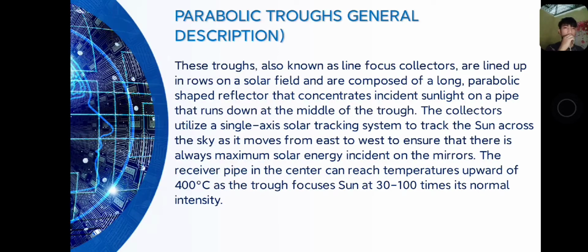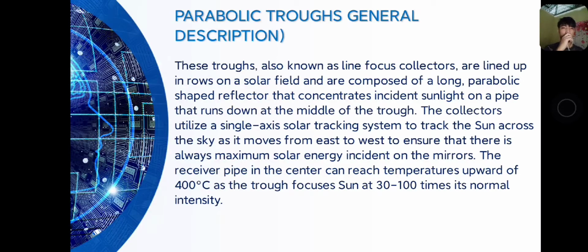Parabolic trough's general description: these troughs, also known as line focus collectors, are lined up in a row on a solar field and are composed of a long parabolic-shaped reflector that concentrates incident sunlight on a pipe that runs down the middle of the trough.